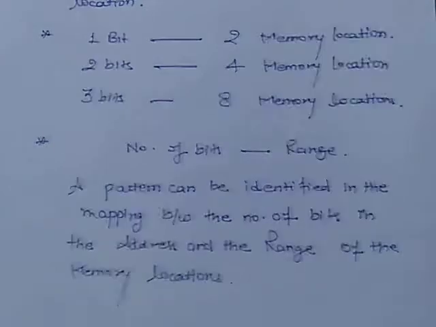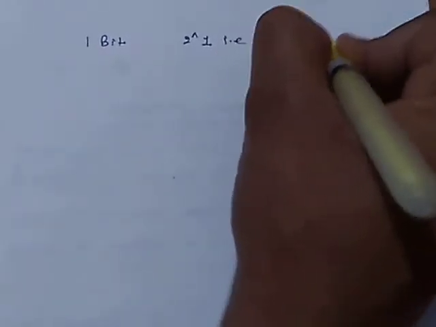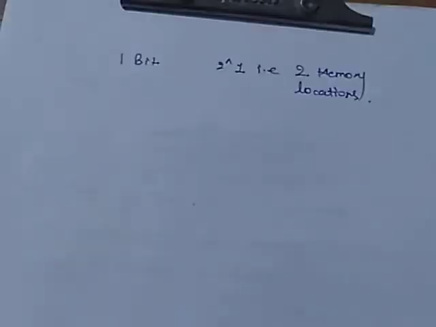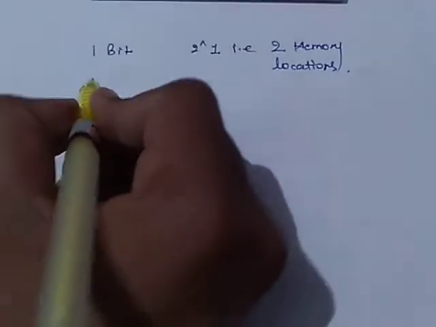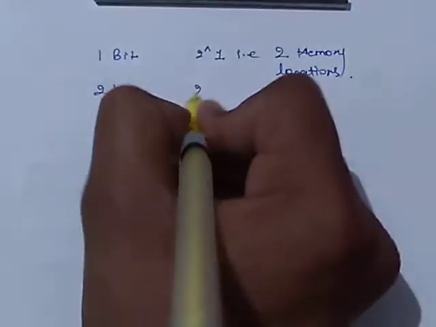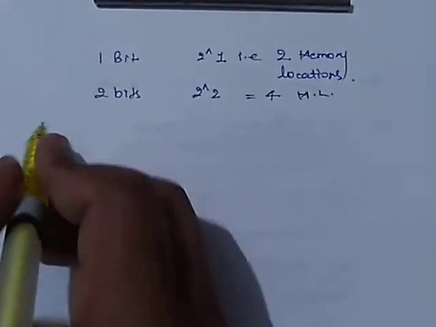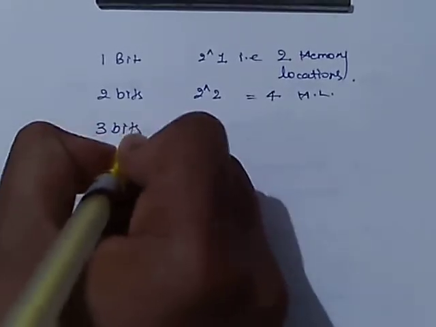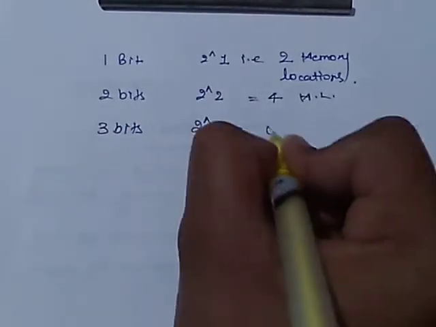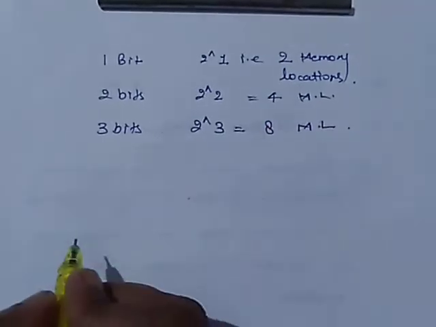Now as we know, one bit can be represented as 2 power 1, that is 2 memory locations, and 2 bits, that is 2 power 2, that is equal to 4 memory locations. 3 bits, that is 2 power 3, that is 8 memory locations.